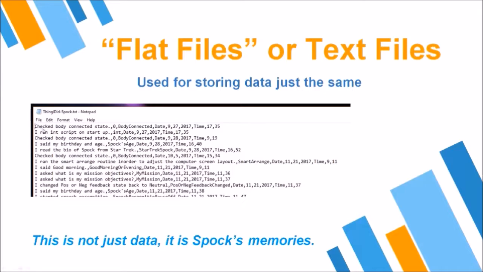In the first line here, we have check body connected state, comma, 0, comma, body connected, comma, date, comma, 9, comma, 27, comma, 2017, comma, time, comma, 17, comma, 35. Then the next line, I ran int script on startup, comma, int, comma, date, comma, then the date, and then the time.